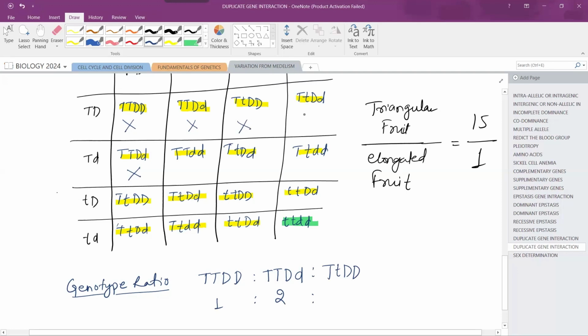And again, 1, 2. We have 2. 1, 2, 3, 4. And 4. Okay.